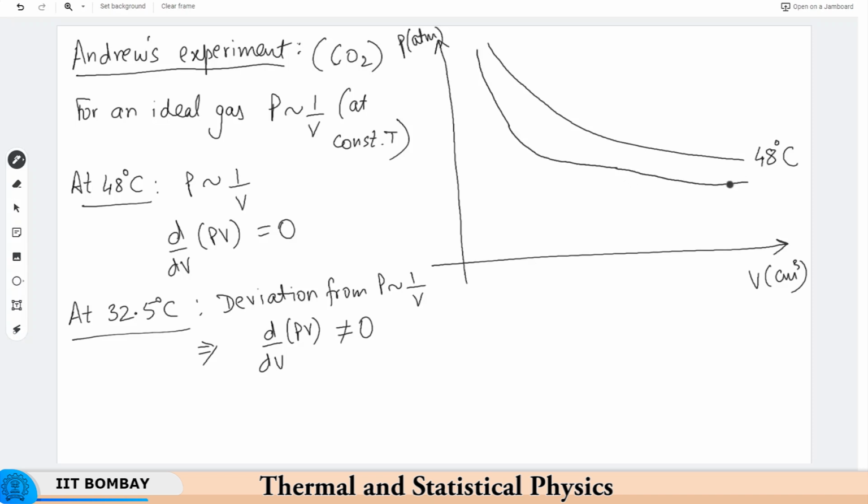There was deviation, so much so that at a certain temperature, 31 degrees Celsius, there was a point where this curve basically became flat.